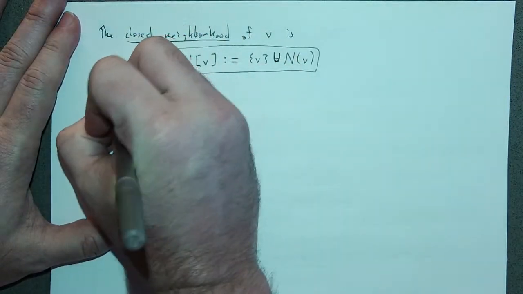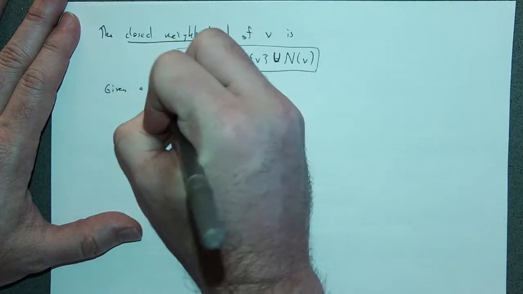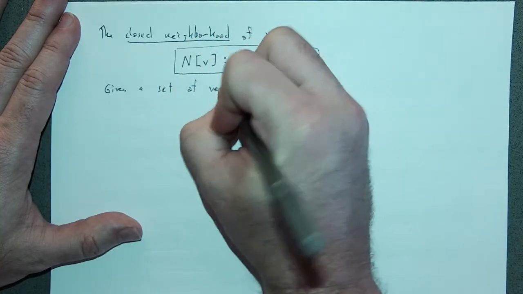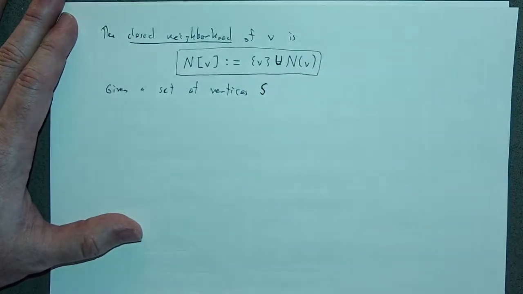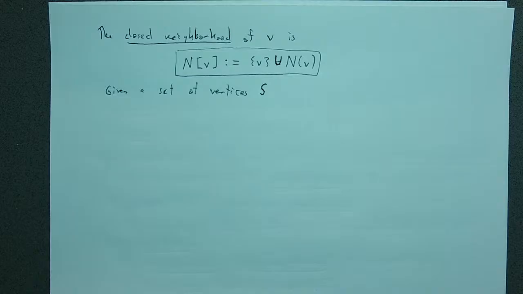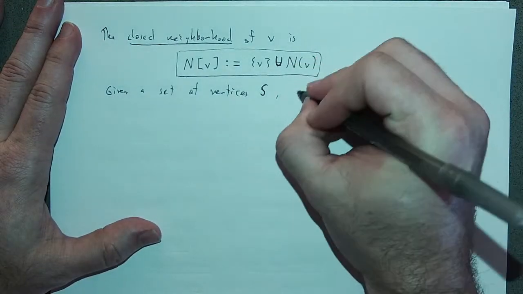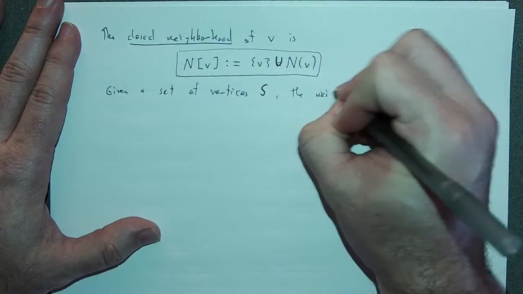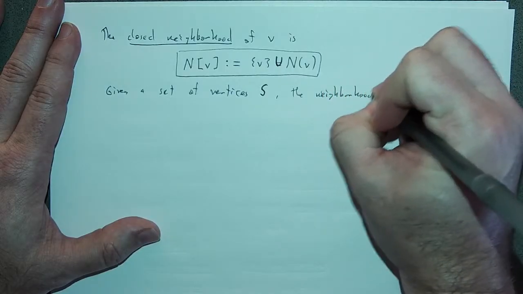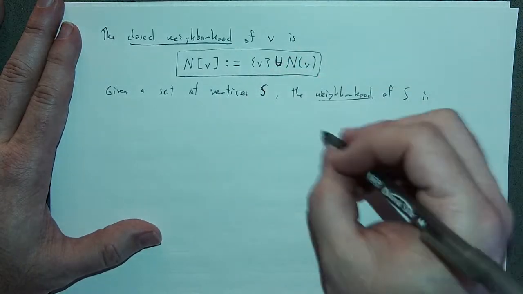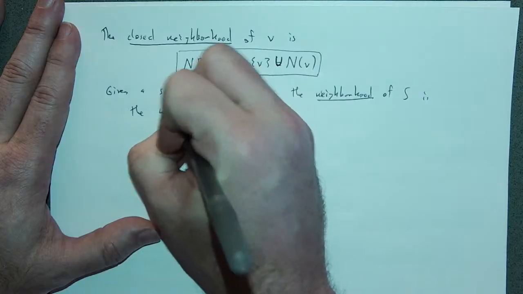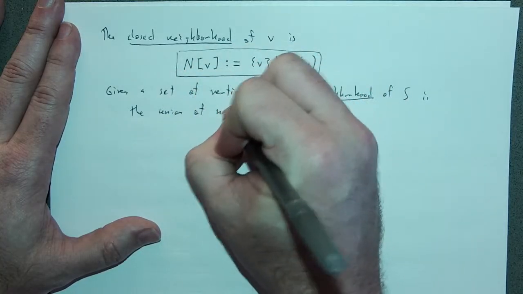Okay, given a set of vertices we'll say S, so S could be some subset of the vertex set of G. We could talk about the neighborhood of S. It's just going to be the union of the neighborhoods of vertices in S. So the neighborhood of S is the union of neighborhoods.